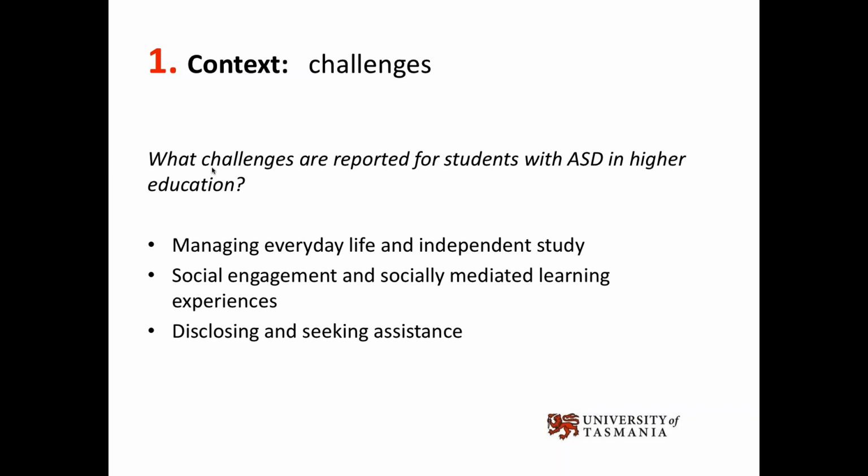They're not only academic challenges, but they also include managing everyday life and independent study, so that transition between the school environment with very structured activities to that requirement in higher education for people to be more self-directed, and of course in transitioning out of the home for those people who are not living at home while they're at university. Also difficulties in social engagement, socially mediated learning experiences, and disclosing and seeking assistance.